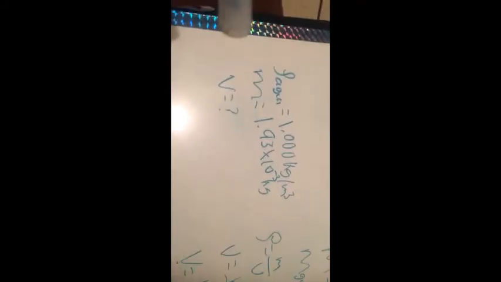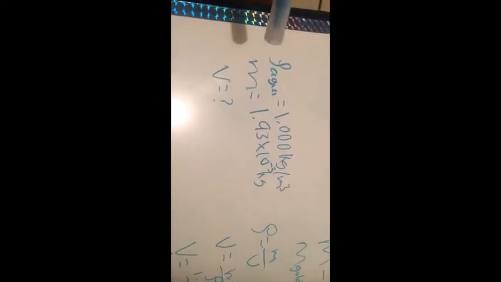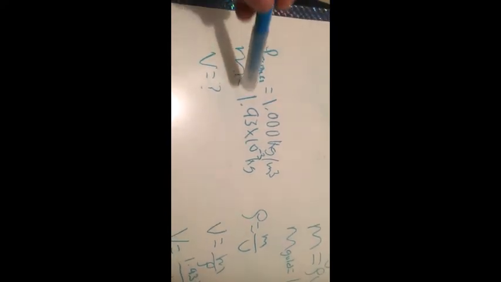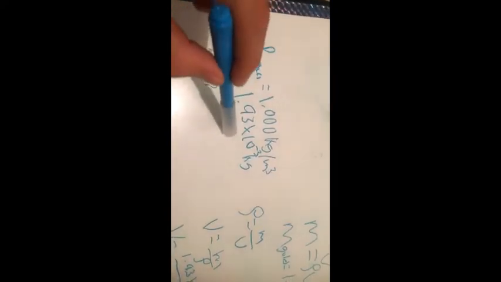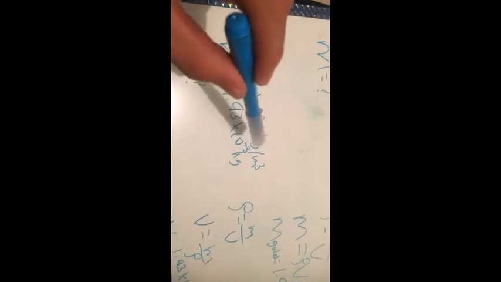So with this, you already have the mass of the gold. Now you have to solve with the same mass, but in the water. The water is going to have the same mass, 1.93 times 10 to the minus 3, and the density is going to be 1,000.